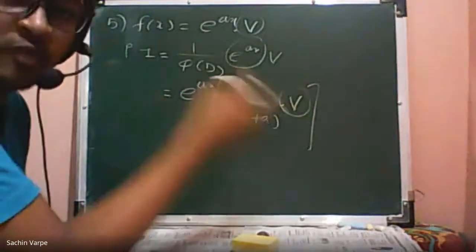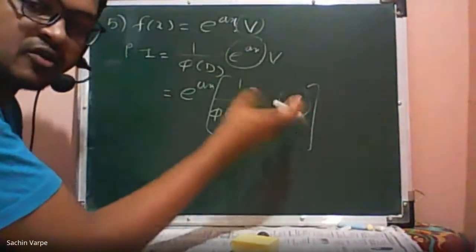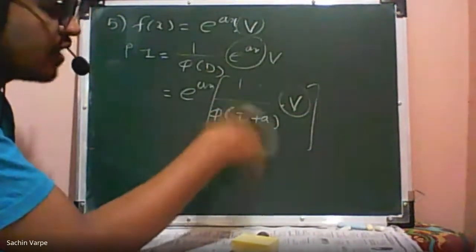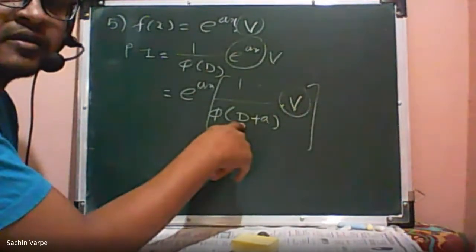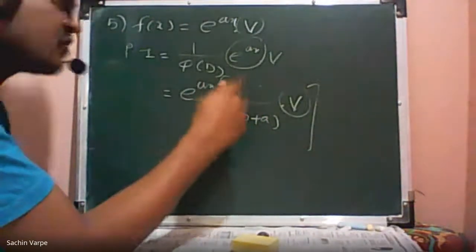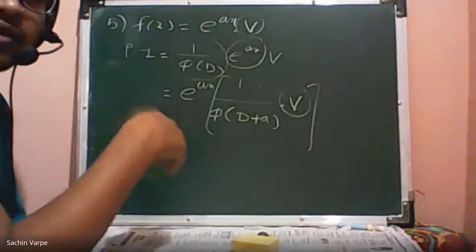If v is polynomial, then we will use the previous case. If v is sine or cos, then we'll use case number 2, isn't it? So like this, we will proceed and try to eliminate this d or function of d. Remember what we are finding: the particular integral means we are trying to eliminate, minimize or reduce this 1 upon phi of d.